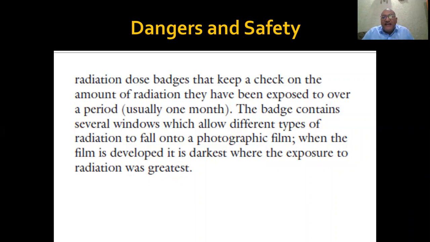Those badges have photographic films in them with different layers, different windows with different materials on them. So if you are exposed to alpha particles, beta particles or gamma rays, by observing those photographic badges the scientists are able to tell how much exposure you have had to the radiation. Okay?